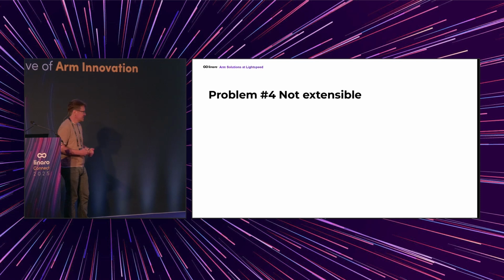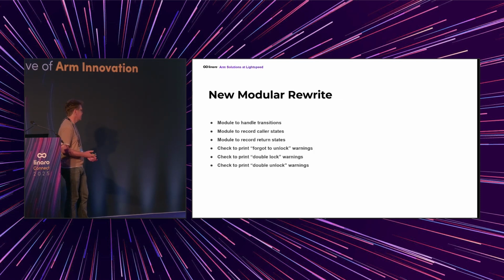So since last Connect, I've rewritten everything. And it's now a modular system. This kind of provides a blueprint for how to write modular Smatch checks and cross-function Smatch checks.